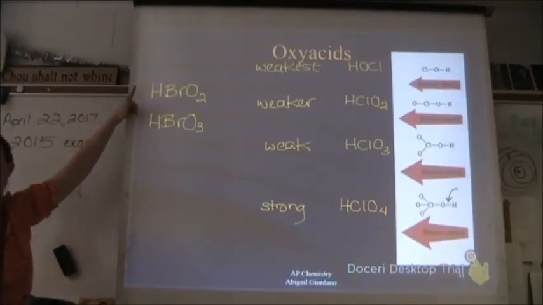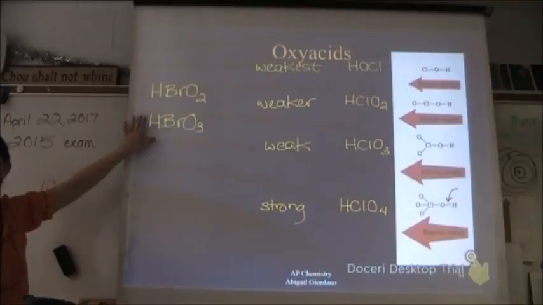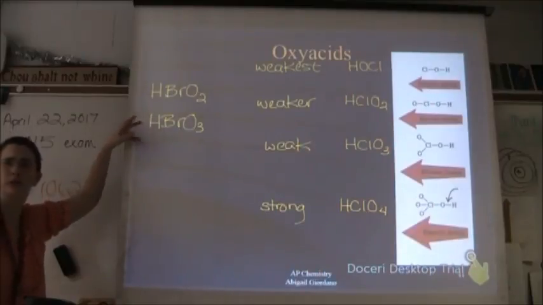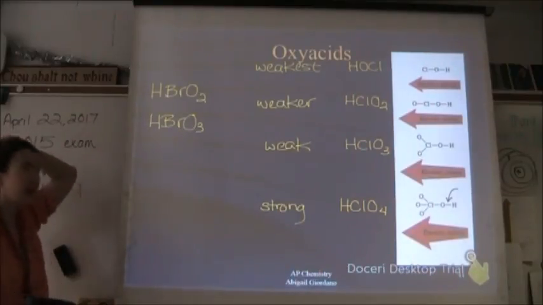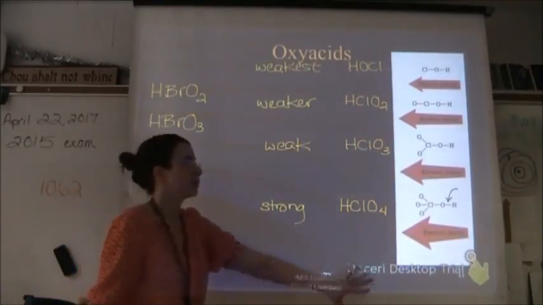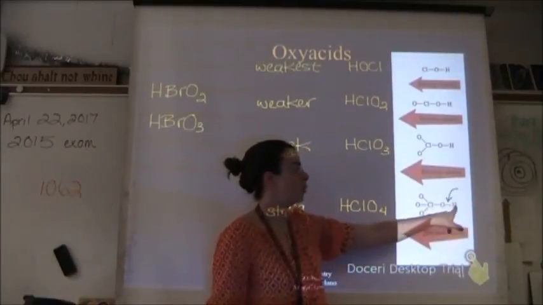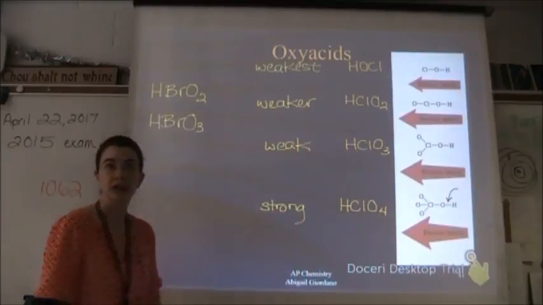Which acid would be stronger? HBrO3? Why? It has one more oxygen? Well, so what? What's so special about oxygen? It's very electronegative. Pulling electrons to one side causes that O to H bond to be very weak or weaker.